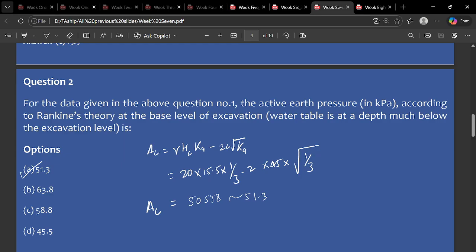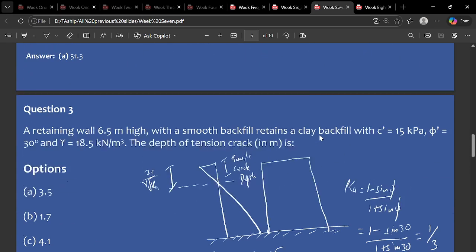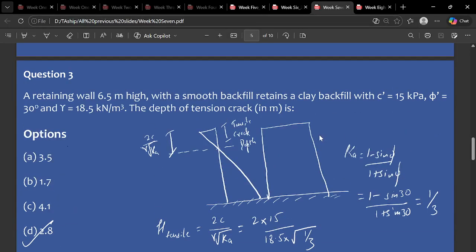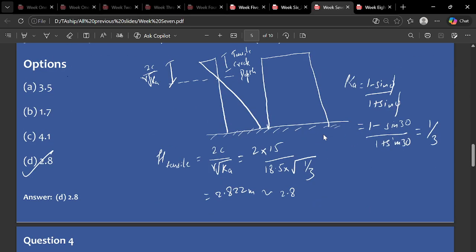Then again, the calculation of the active earth pressure. If you have a retaining wall which is 6.5 meters high, and your cohesion, friction angle, and unit weight, then how to calculate the depth of the tension crack.